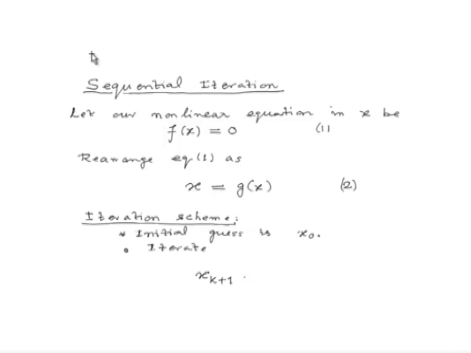This x of k plus 1 would be obtained simply by computing the function g of x at k. So, x k plus 1, this we call as our new iterate.